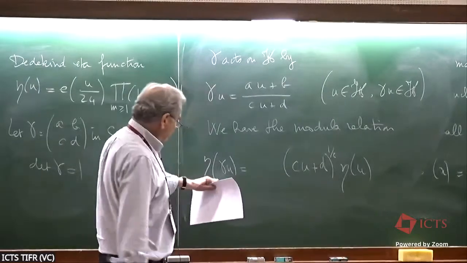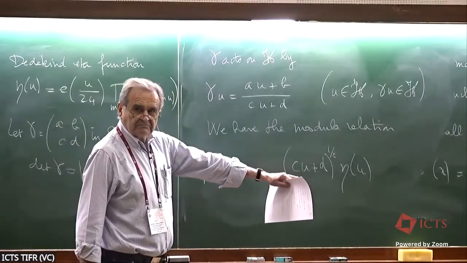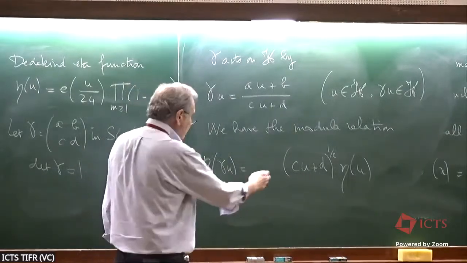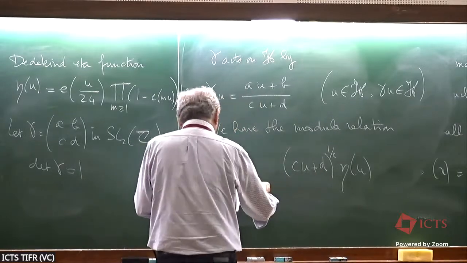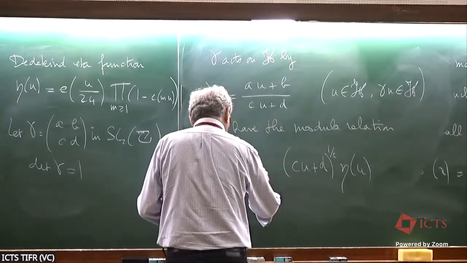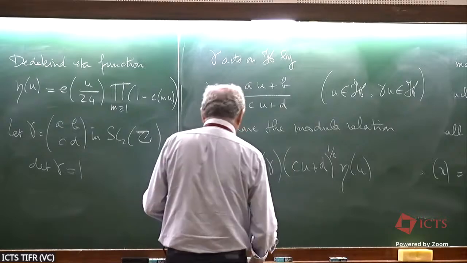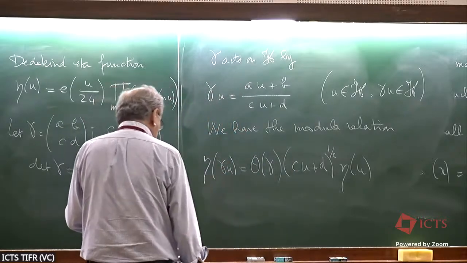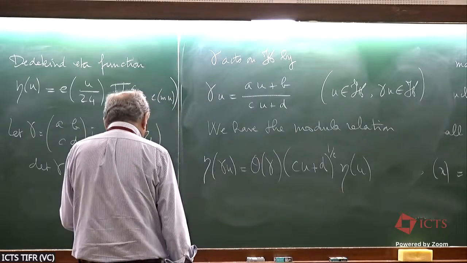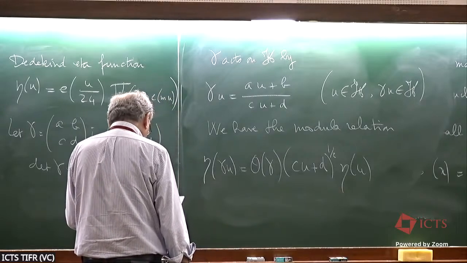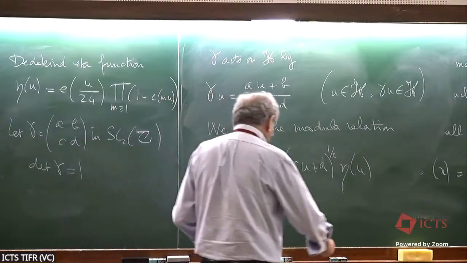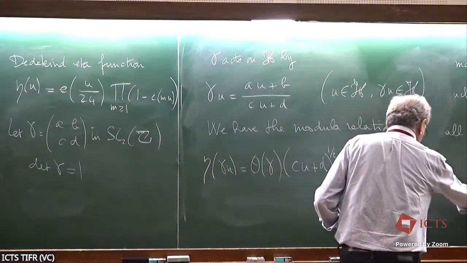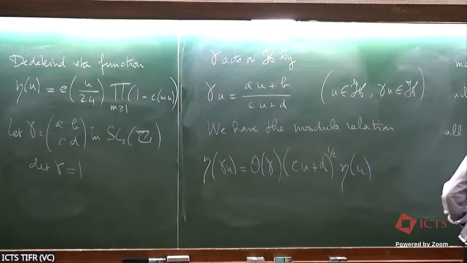So eta of gamma u is eta of u plus something, a nice term. We have another term, which is not too complicated, theta of gamma, which is just a root of unity.